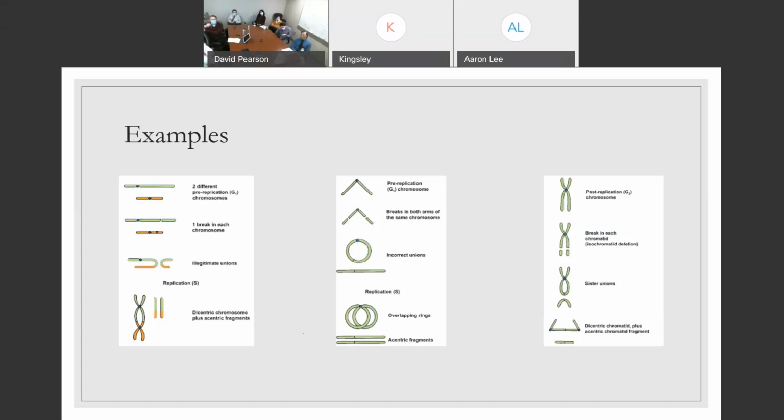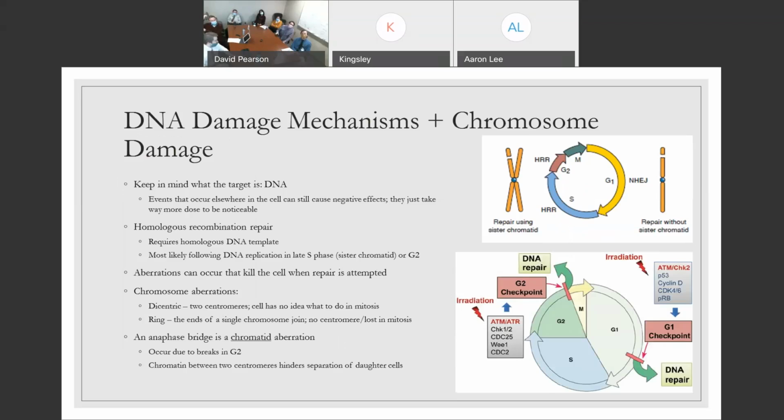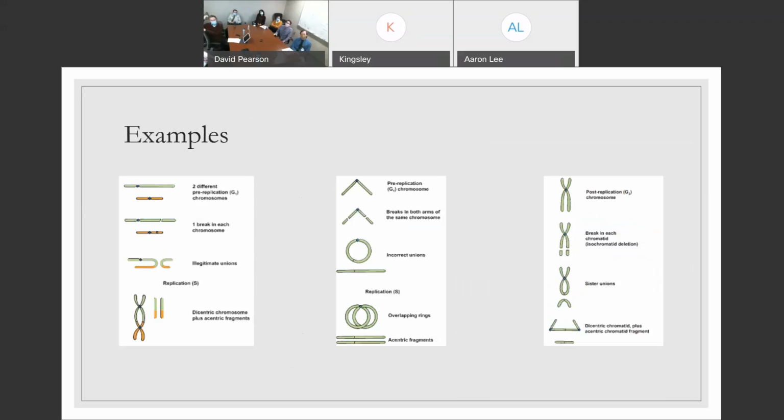And finally, on the end there, remembering the term, anaphase bridge, right. So when, in this case, say for example, the centromeres were able to be separated, but this piece of chromatin is remaining across the center of the cell.